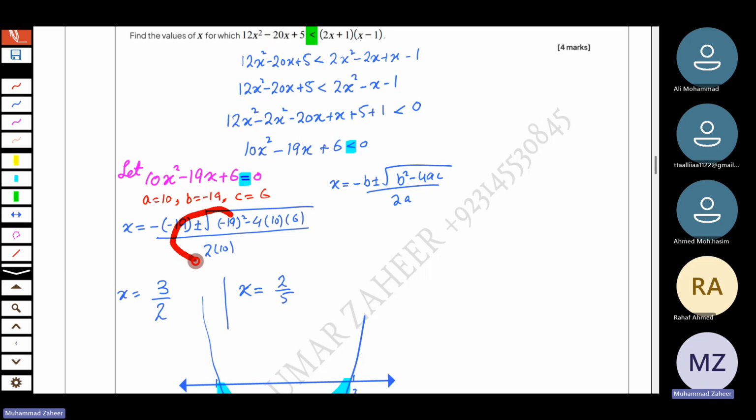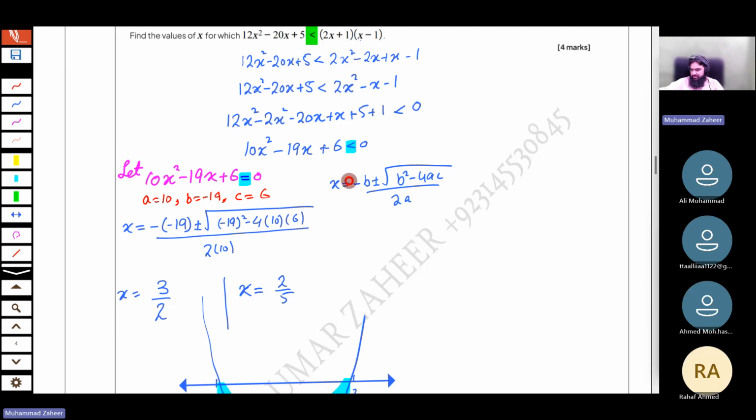After that, we just have to substitute the values into the calculator to get the final answer. To apply the quadratic formula, you must know what a, b, c are, and after that just do the simplification and use a calculator. Is it clear? This is the quadratic formula that we have used here.